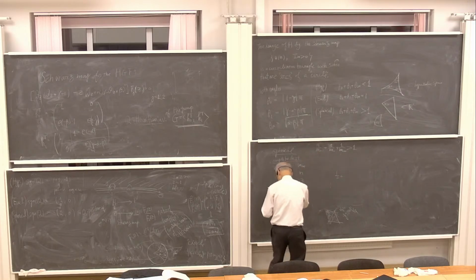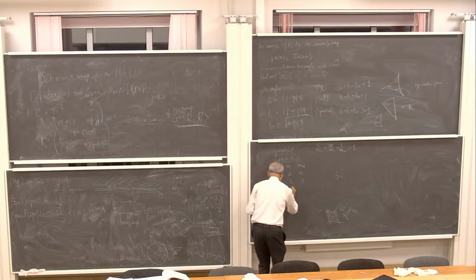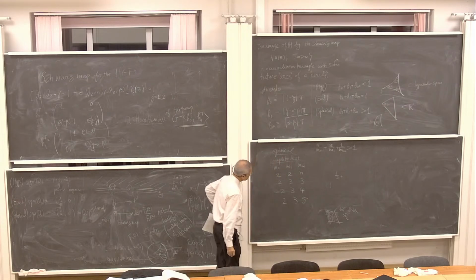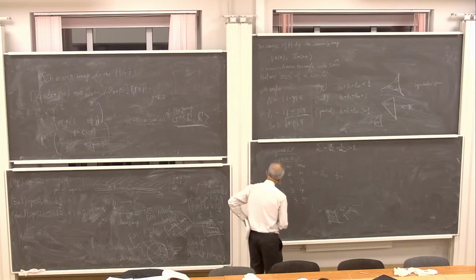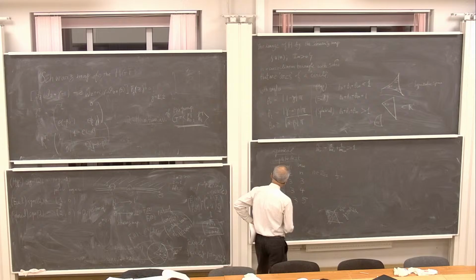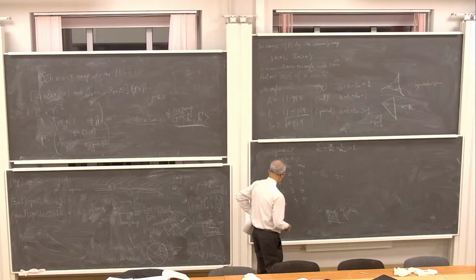Okay, well, I finished. 2, 3, 4 and 2, 3, 5. So that's all. So that's the complete list. 2, 3, 5 also nice.